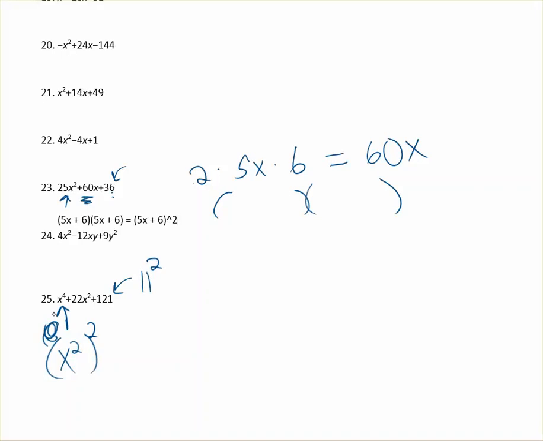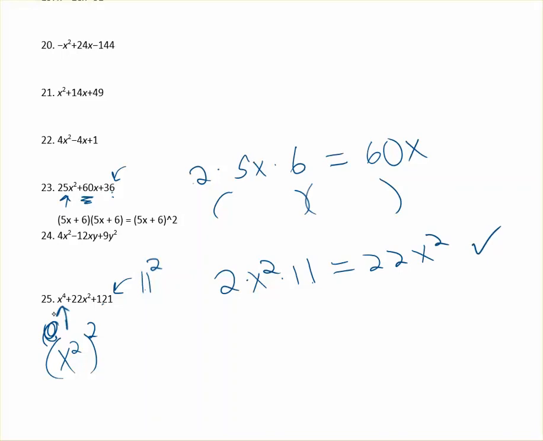And we need to check, is 2 times the square root of the first term, which is a, which is x squared, times b, which is 11, equal to our middle term of 22x squared? So 2 times 11 is 22, and then it's an x squared.